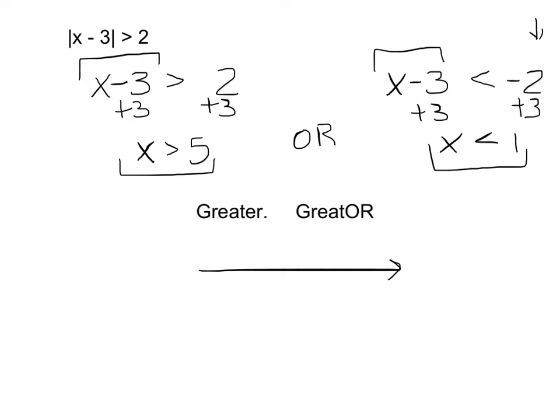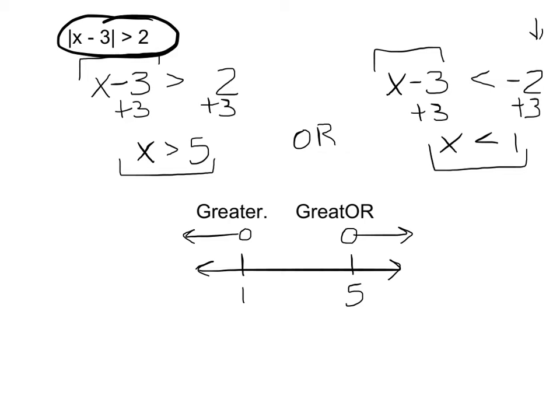When I graph this thing, I'm going to focus on the number 1 and the number 5. I want numbers larger than 5 or smaller than 1. So this would be my graph for this absolute value inequality.